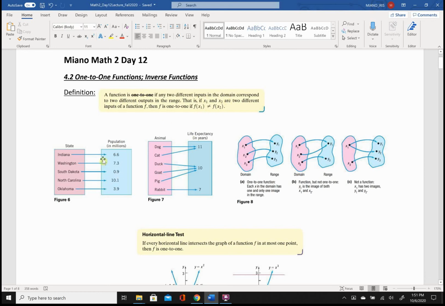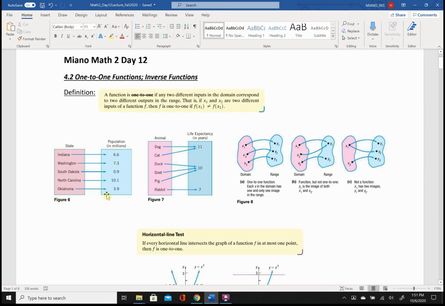The way that we want to think about this in a qualitative or visual sense lends itself really nicely to the figures. Notice in figure 6, directly underneath the definition, we have a list of inputs in pink, and each individual one maps to a distinct output in the range, which is right here in blue.